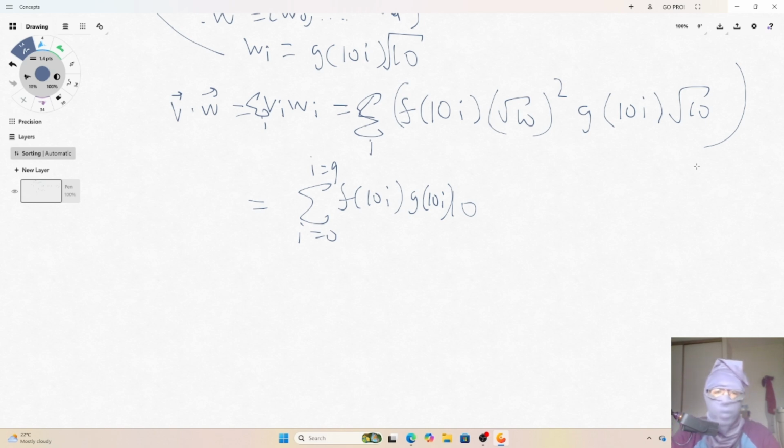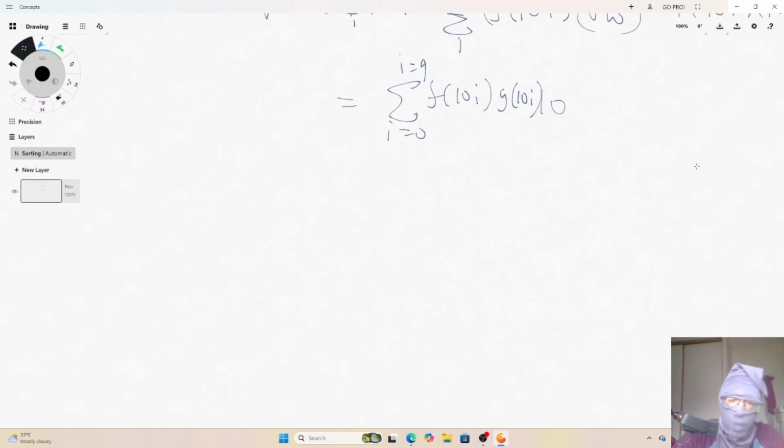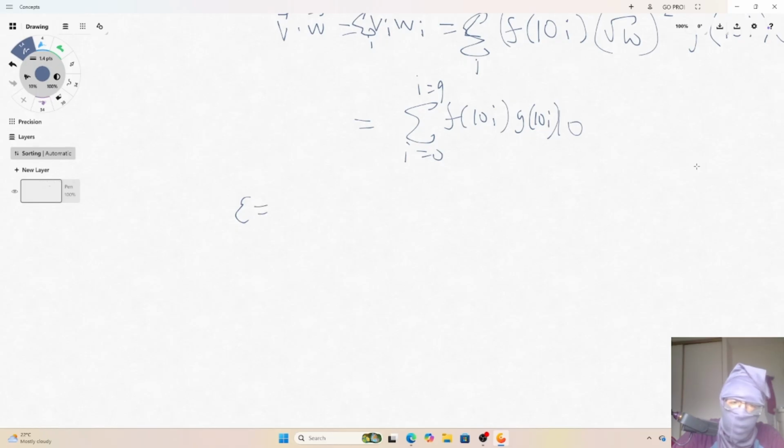And so it's just simply equal to, so what would happen if you took epsilon to be a smaller number? Let's say instead of 10 you wanted it to be equal to 1.